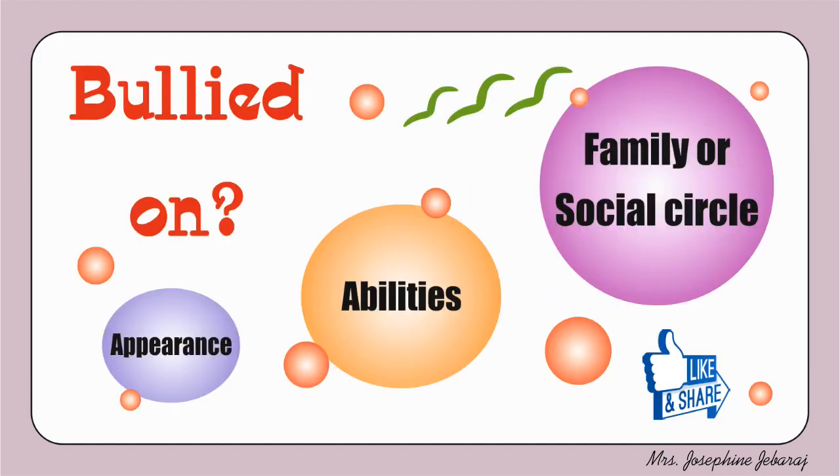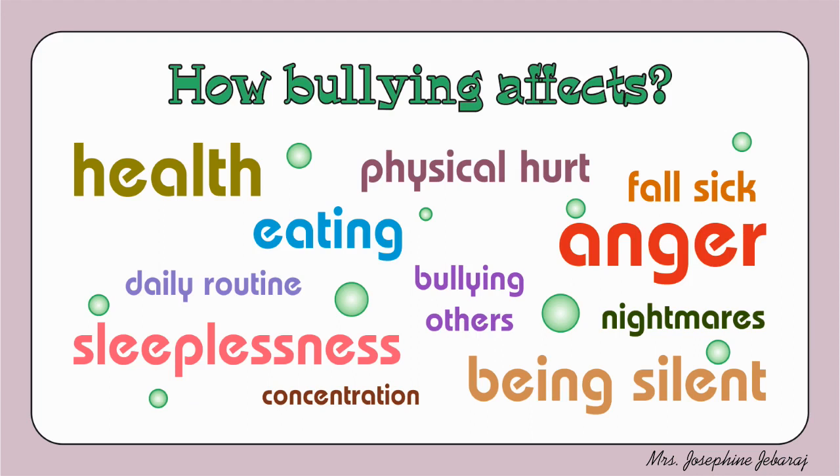They are mostly targeted on appearance like fat, thin or features, clothes, be it always loose or tight, abilities like playing games, talking or writing, and about family or social status.